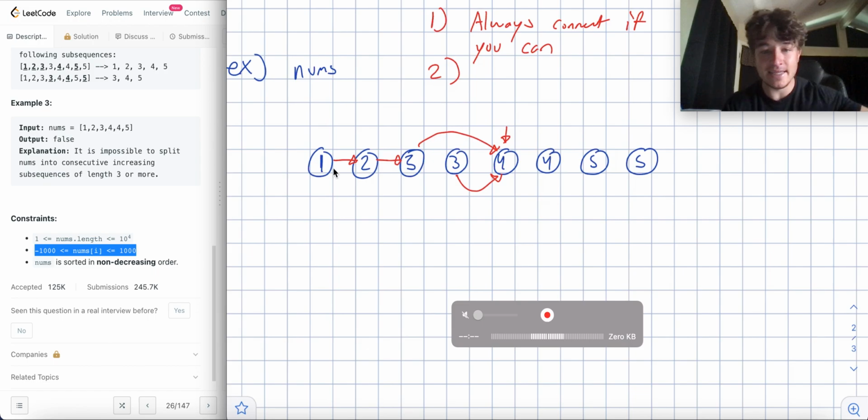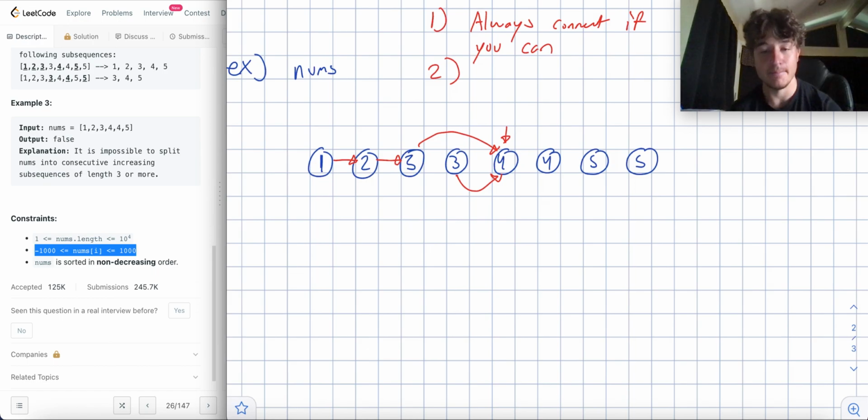So why would I connect to him, to make another subsequence of length 4 while my buddy 3 over here is hanging? I can connect to either of these 3s, but this 3 is already in good shape. He's already got 3 people in his row. He's fine. This 3 over here, on the other hand, is all alone and has nobody. So I should probably connect to him. I should probably connect to the 3.